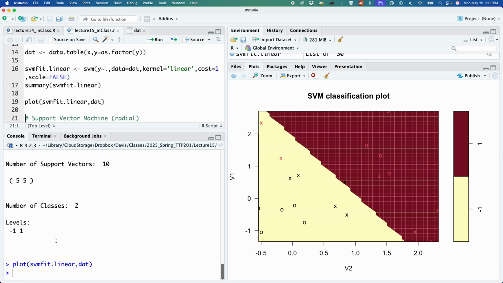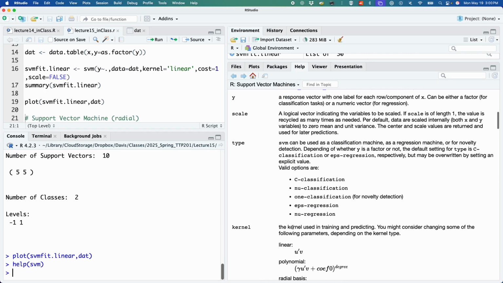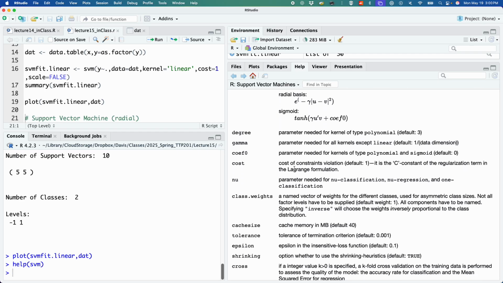All right, one second. Help SVM. So if we look at cost, it's because of the loss function, the size of epsilon. So actually, you're right.